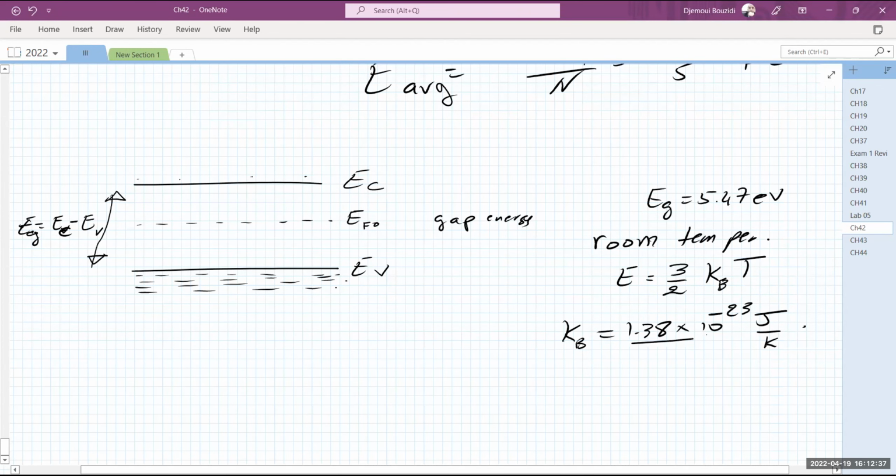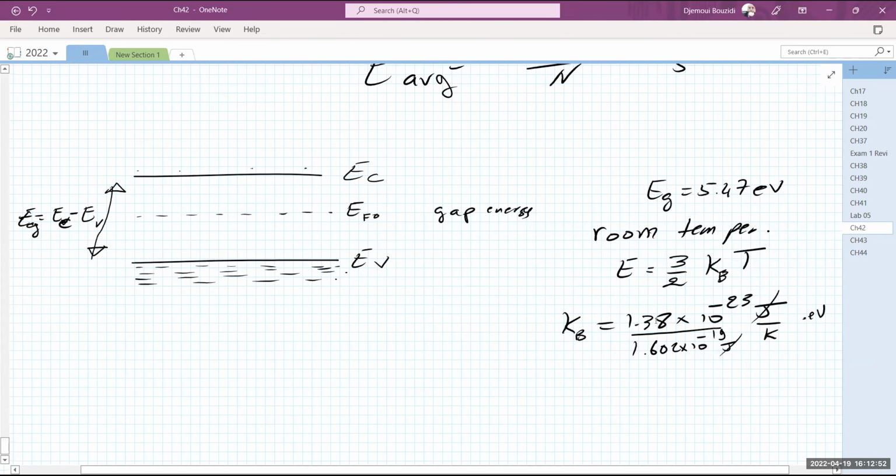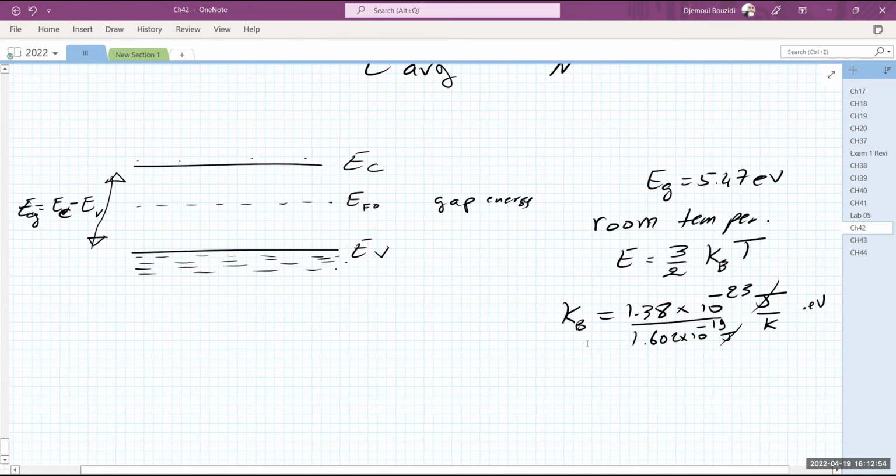So I'm going to divide this by 1.602 times 10 to the negative 19 joules for each electron volt. Cancel this with that, and now the expression makes sense written in electron volts per Kelvin, because we have everything in eV, so it's better to have it.